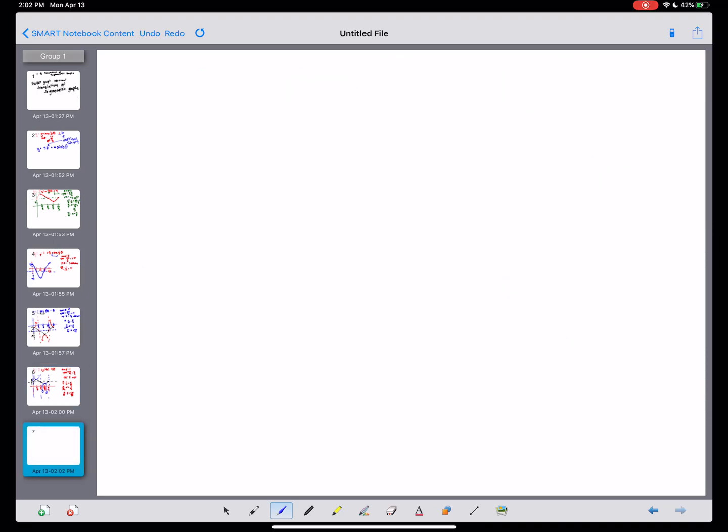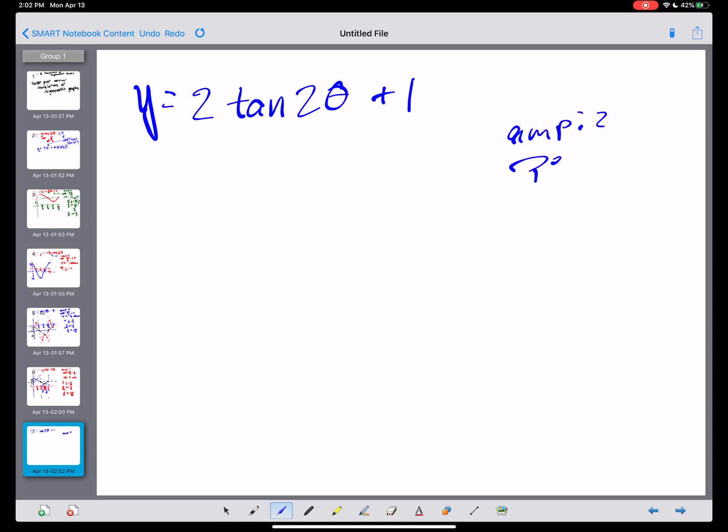The next thing I want to show you guys real quick is how to do a tangent. Tangent's really simple too. I'm going to make this example relatively simple. Amplitude is 2, period is 2 pi over 2, which is pi, and your vertical shift is 1 up.